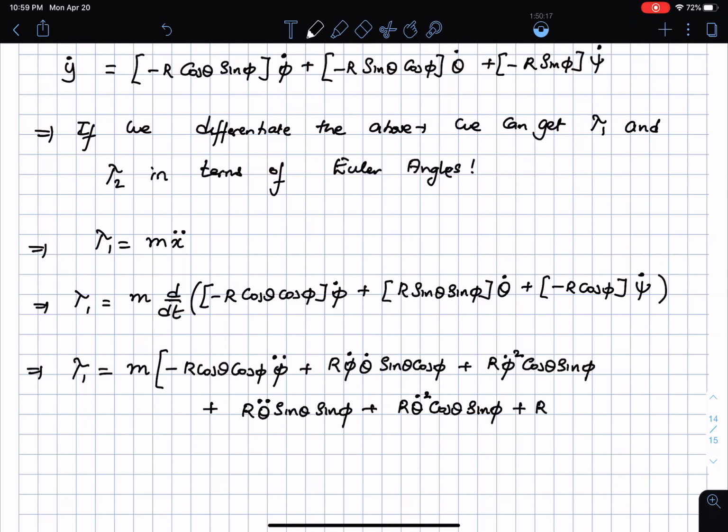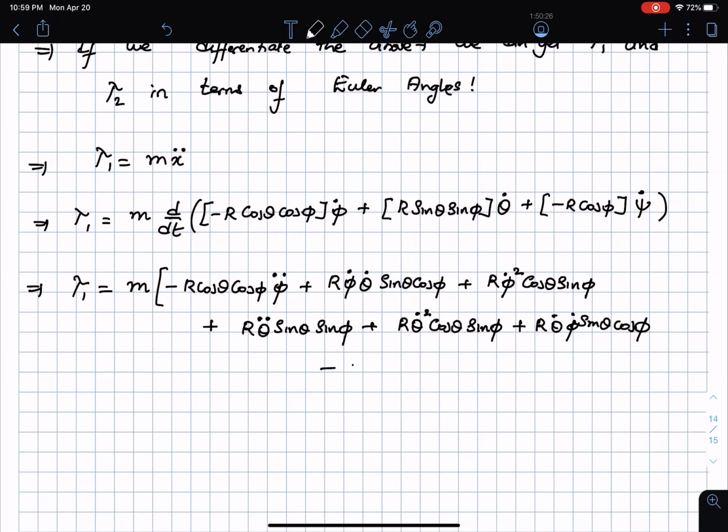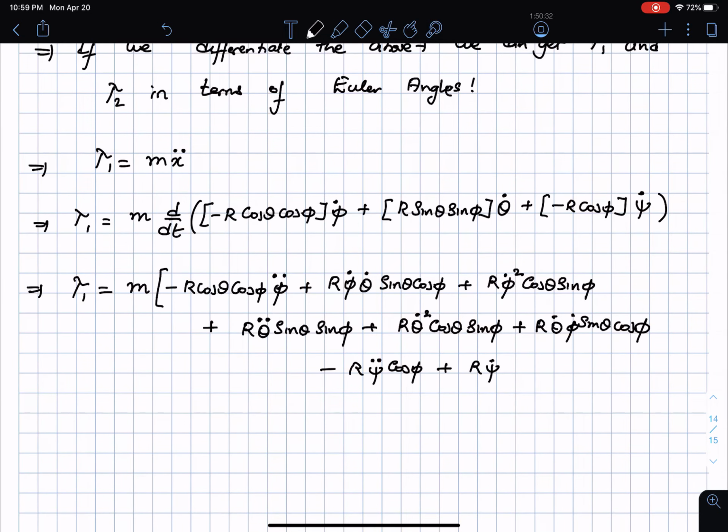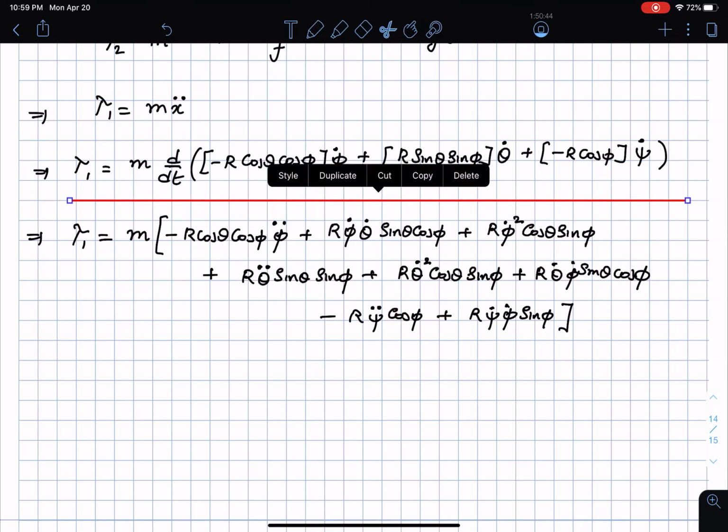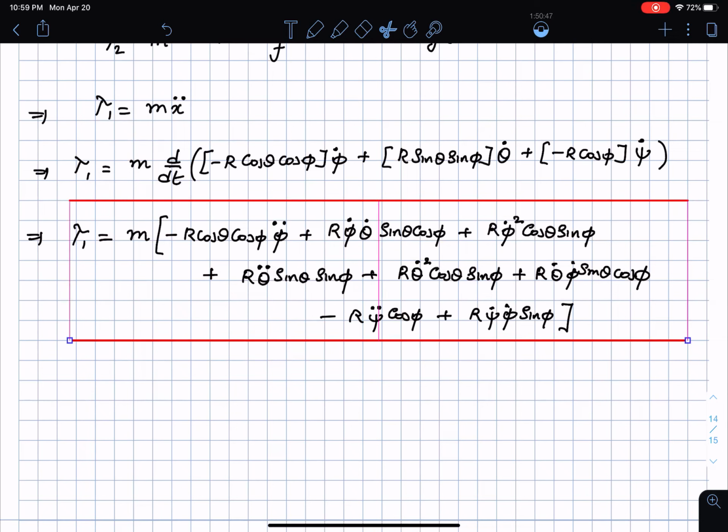Keeps going, the gravy train. Theta dot phi dot sin theta cos phi, two more terms, minus r psi double dot cos phi, plus r psi dot phi dot sin phi. So that is one thing, and I'm going to put a bracket around this. Likewise we will be having something similar for the other term as well. So let me pull this down. So that's lambda 1. We found one of the multipliers.